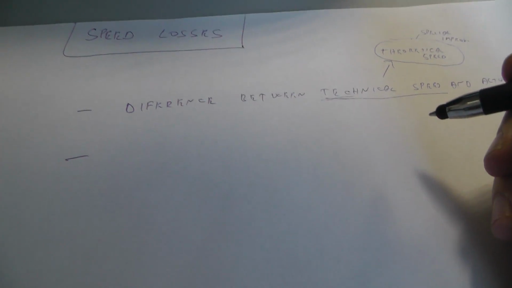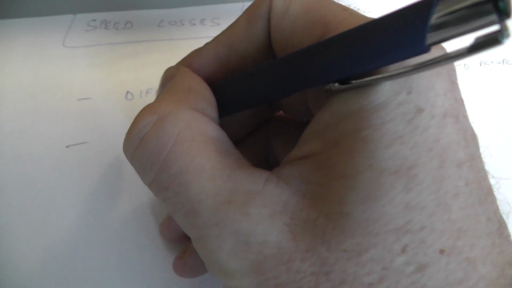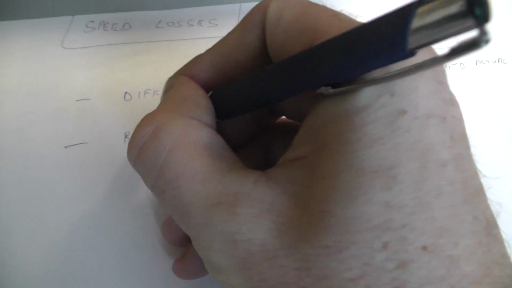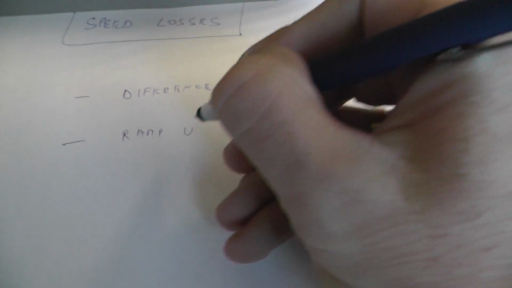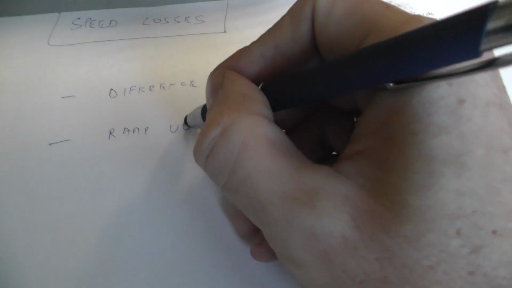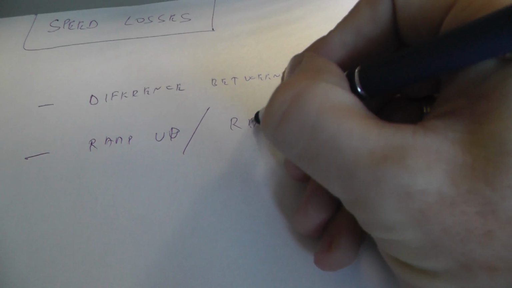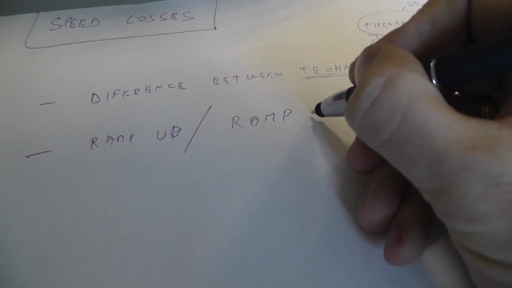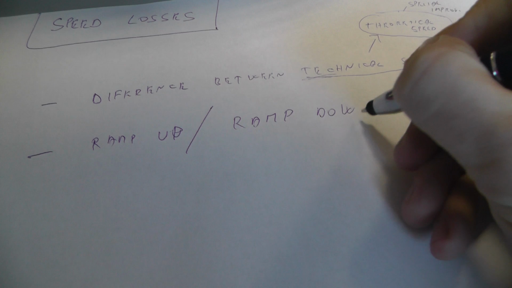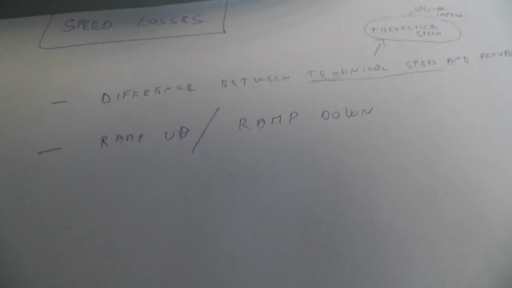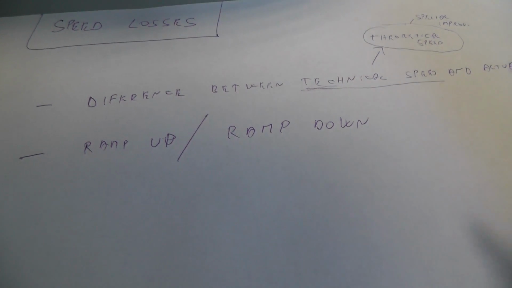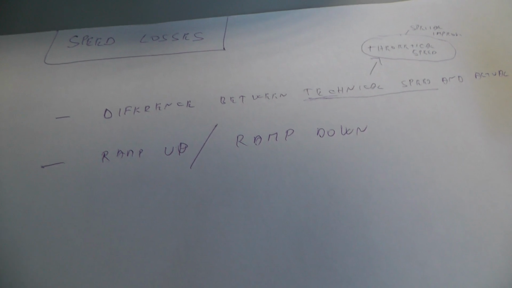The second reason of speed losses is normal ramp up and of course ramp down. What does this ramp up, ramp down mean? I will explain later.